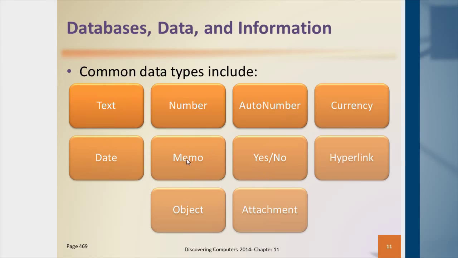Memos, which are really text fields but larger, so you can input more text into those fields. Dates, objects, and attachments. There are a lot of different data types, and appropriately creating fields with the appropriate data type helps us maintain some of that integrity that we were talking about earlier.